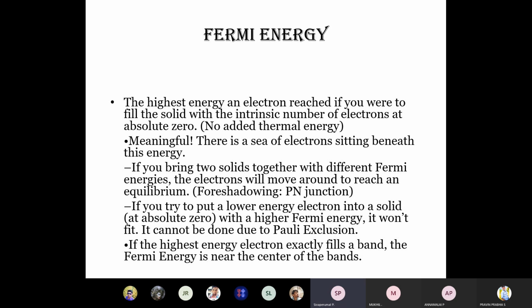If you bring two solids together with different Fermi energies, the electrons will move around to reach equilibrium, foreshadowing the PN junction. When discussing the PN junction, we will discuss the Fermi energy level also.